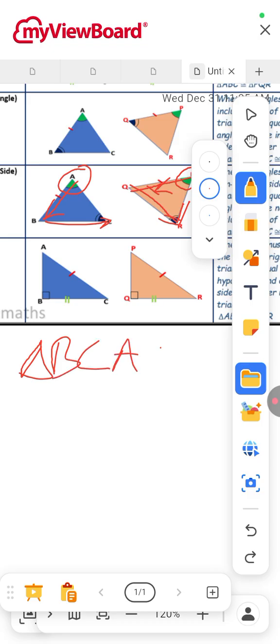I'm starting from the right angle, that's B, which is this B here. Then I move to angle C through this side that was stroked twice. That's BC. Then I move from there to angle A.